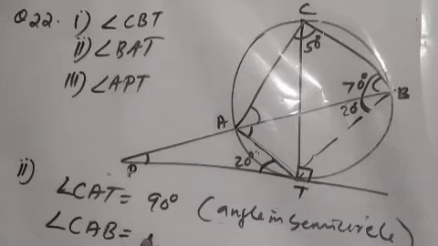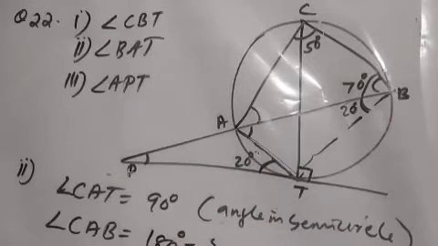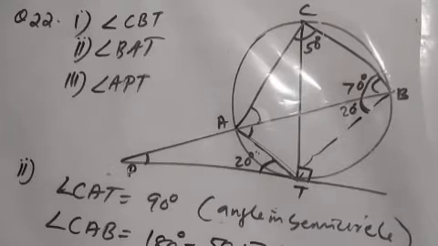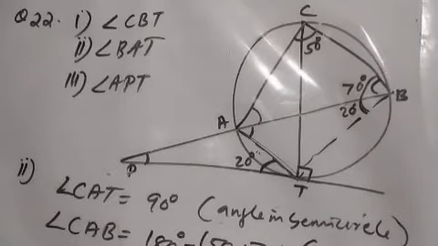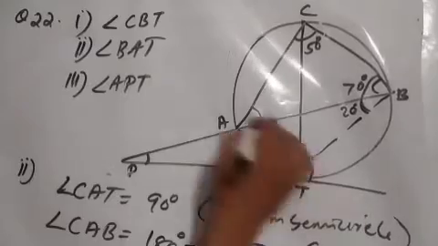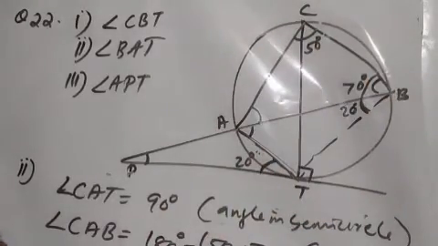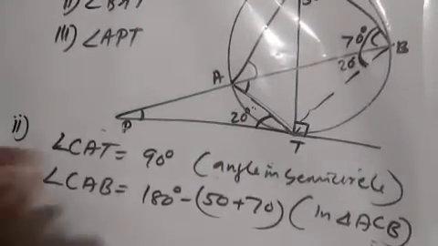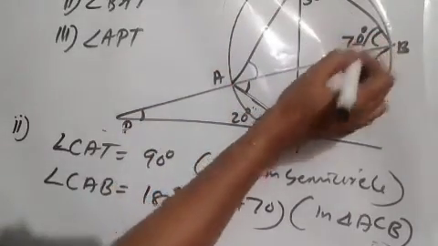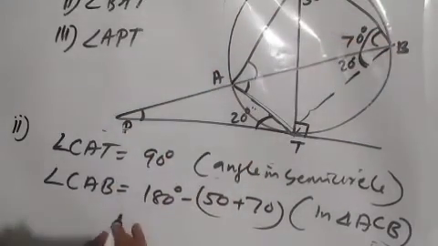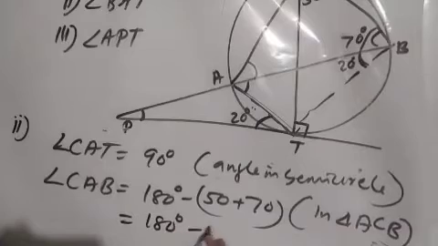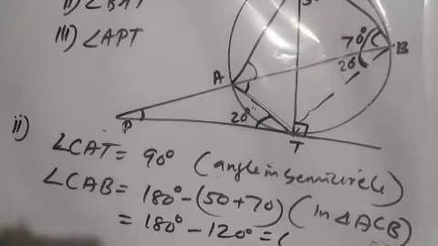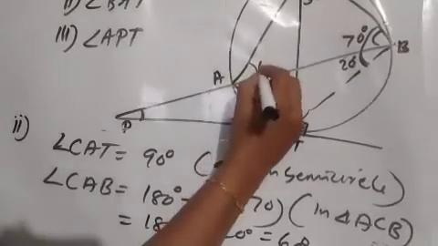So CAB is 180 minus 50 plus 70 in triangle ACB. Look at this triangle ACB. Sum of the angles always gives 180 degree. Here it's 50 and 70 given in the question. So the third angle we can calculate easily. That is 60 degree. So this portion is 60.